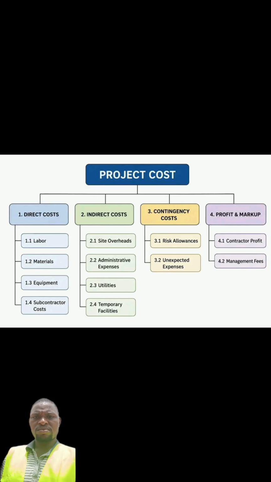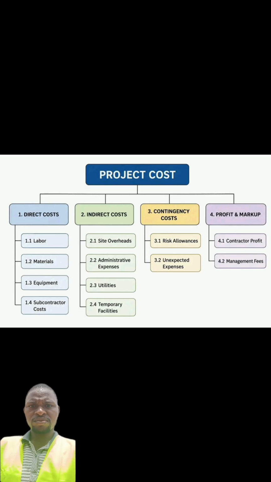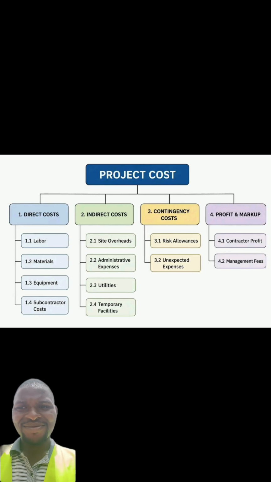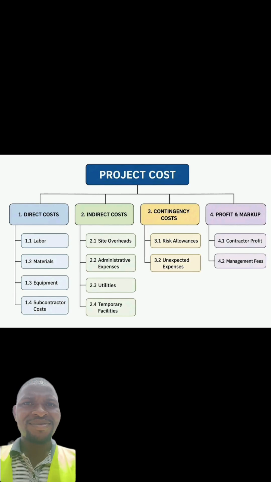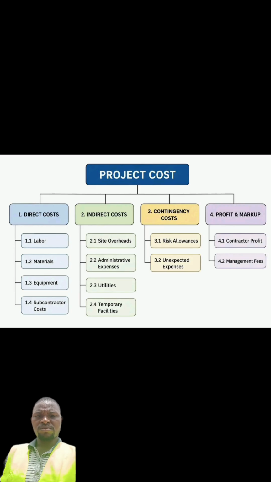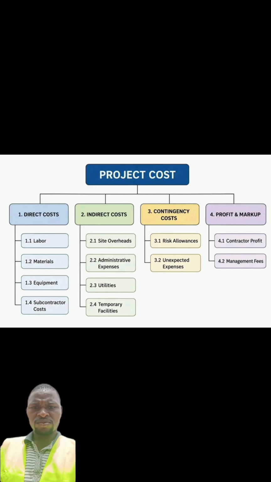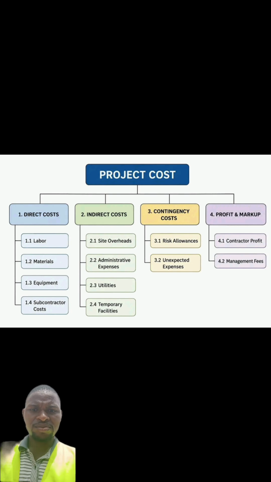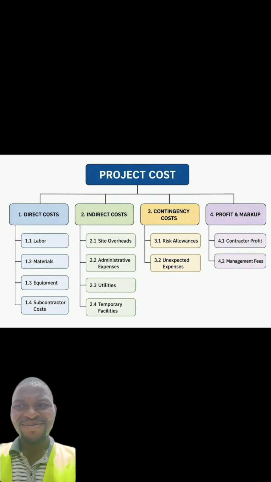For profit and markup, we have contractor profit. As a contractor, how do you profit from a project? Is it after your client has assented to the bill, has agreed to the bill, that you make profit, or do you actually need to include your profit in the bill?